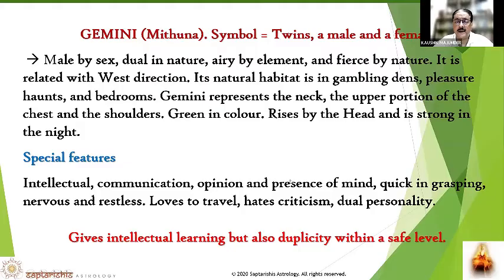The other characteristics will be very important when we decide about judging a particular issue, like if we want to understand that an item has been stolen and where it is present, then the direction east, west, north, south will come into play. So according to the subject of prediction, the characteristics of the signs, the special features of the signs will have to be used in a very judicious way.